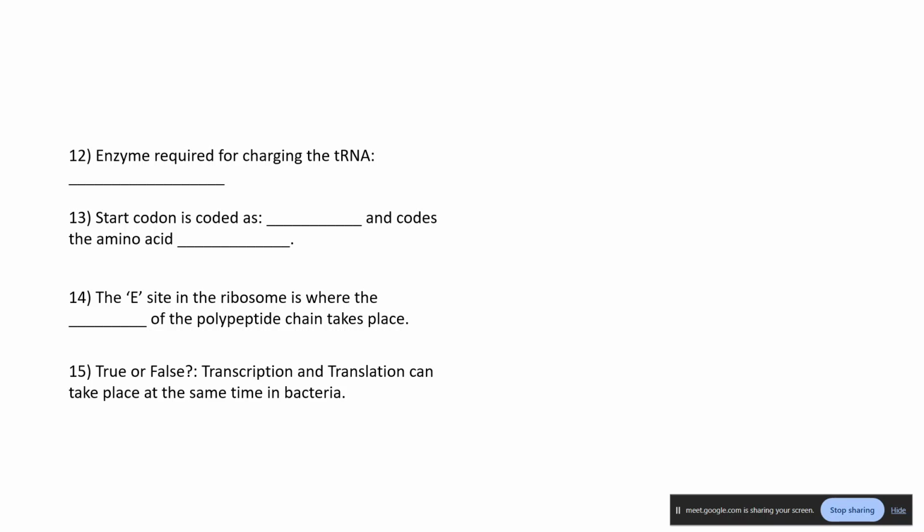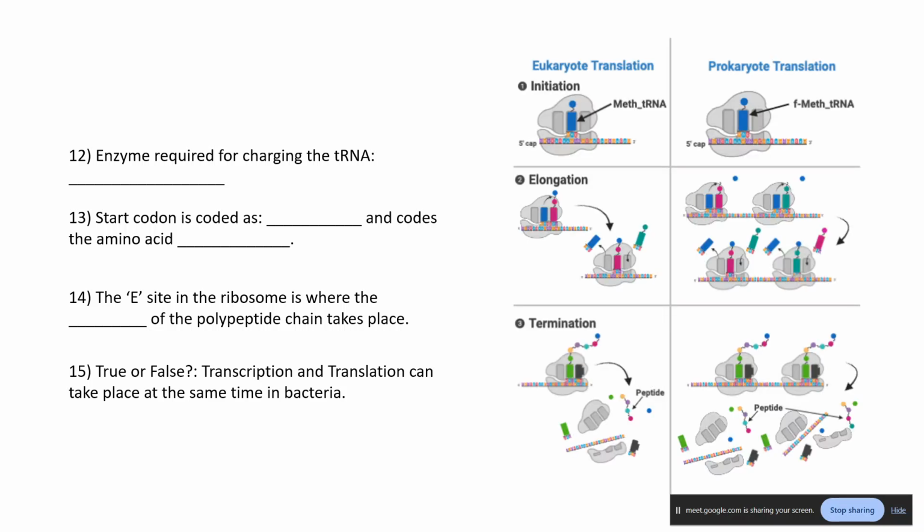Unlike in eukaryotes, where these are segregated into organelles, so these different processes take place in different regions of the cell, one in the nucleus, the other in the cytoplasm. So that is the last question, I think. And this is just a little diagram of eukaryotic versus prokaryotic translation.